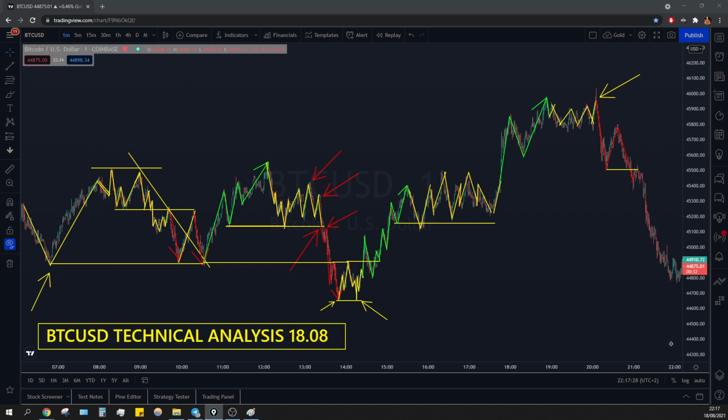And then we have our sell-off below this level. This was also the same time, as you can see, the 8:84.